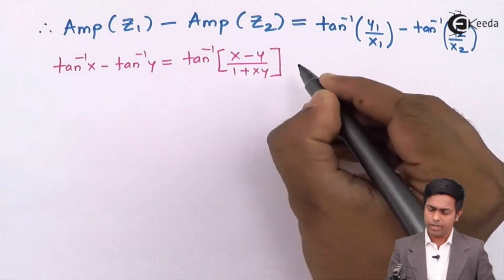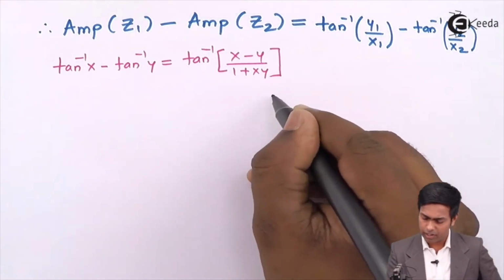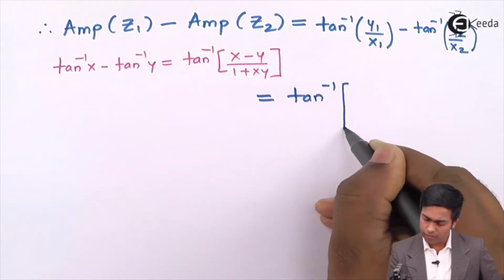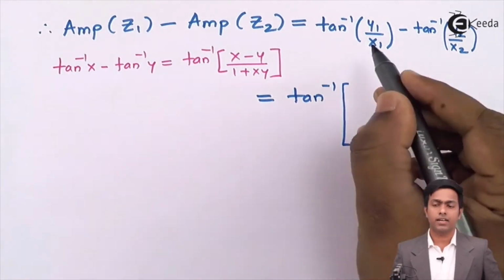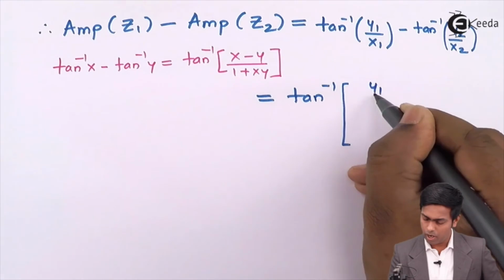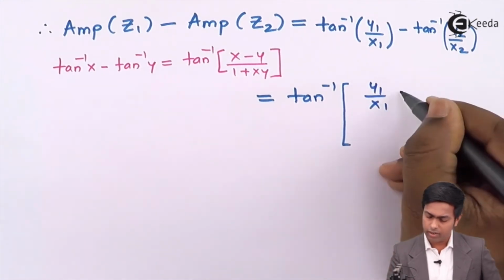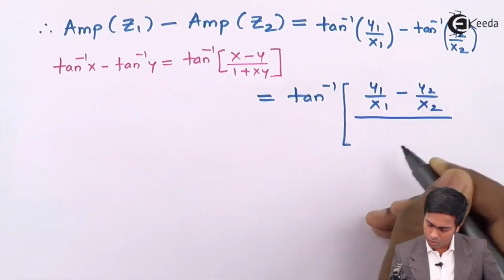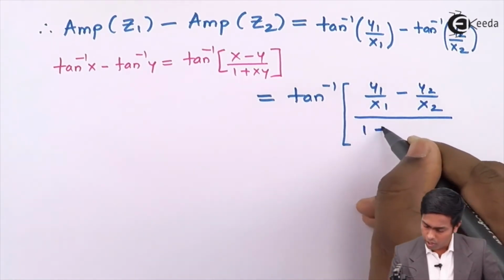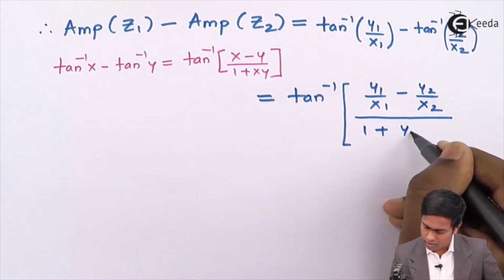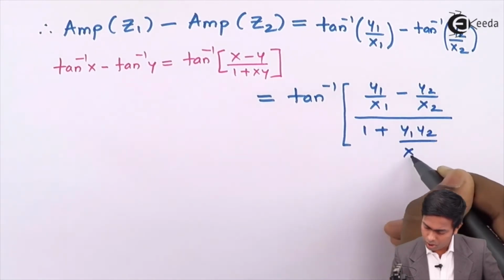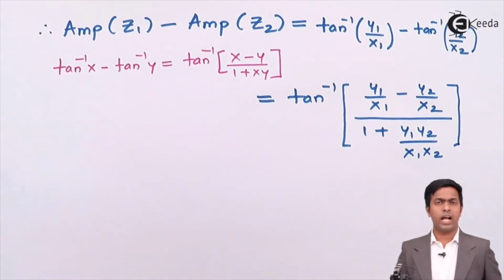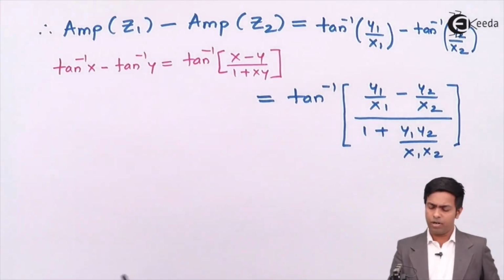So this will give me, equal to tan inverse of, inside the bracket, y1 upon x1 minus y2 upon x2 whole upon 1 plus y1 y2 upon x1 x2. So guys, we have applied this formula over here.